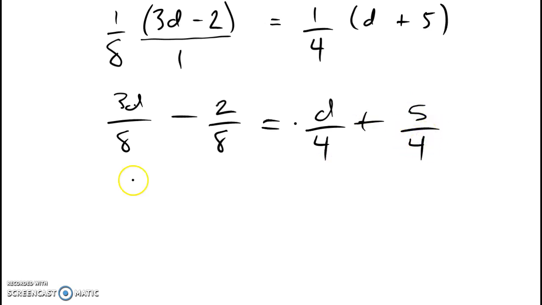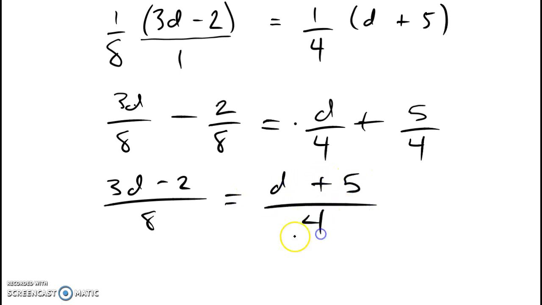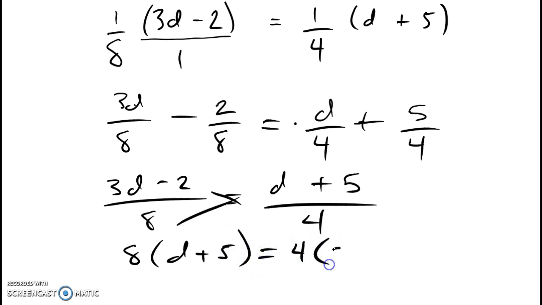Okay, now we can write this over the same denominator. So over 8, just like we did in the last problem, but this one's much easier to handle. D plus 5 over 4. And now we're going to cross multiply. So we wind up with 8d plus 5 is equal to 4 times 3d minus 2.